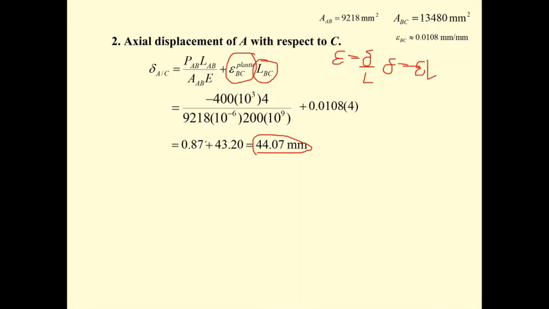Put everything together, and you get the total deformation of 44 millimeter. It is separated into this part from AB, the elastic behavior, which always has a very small deformation, and this one for the plastic behavior.